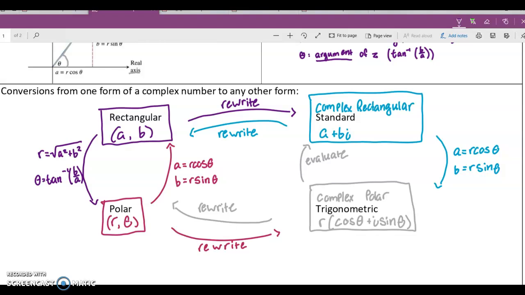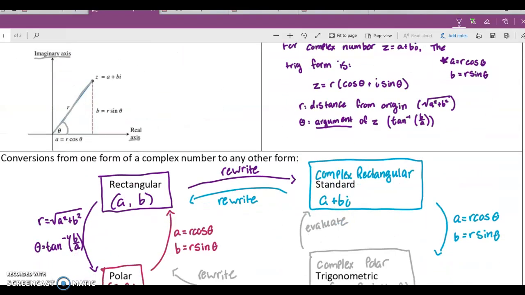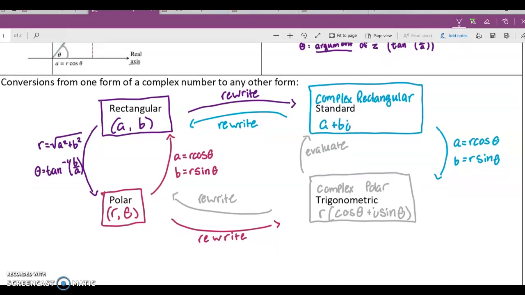A is your x coordinate, b is your y coordinate. We say standard form when we are in the complex plane, but we still have rectangular coordinates. So this is standard form right here. So for these ones, you just rewrite. You have your a and b, they don't change, okay?